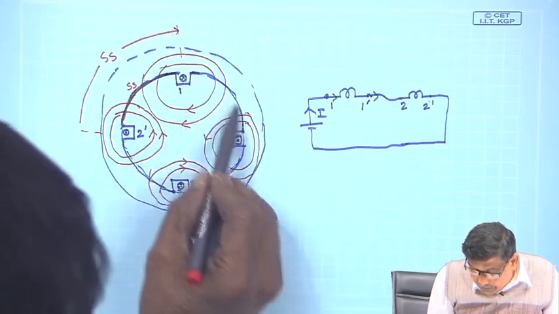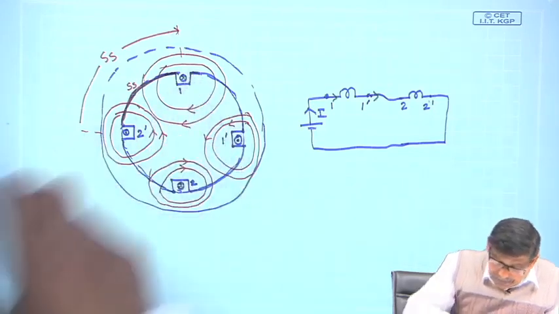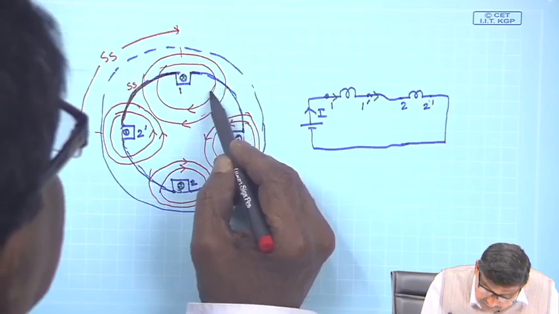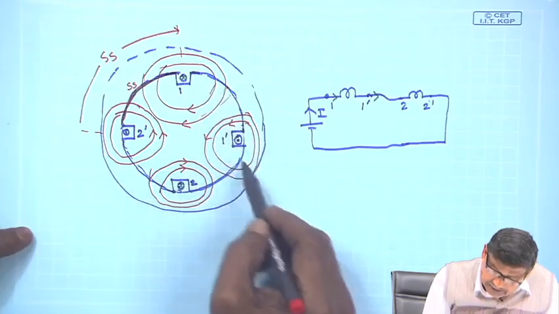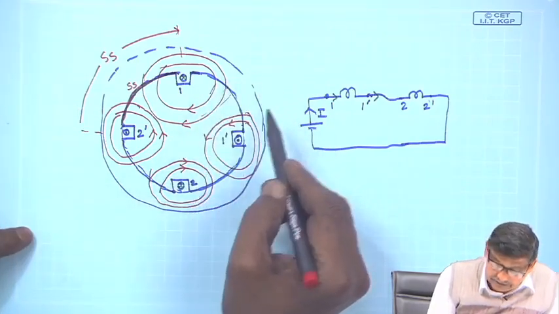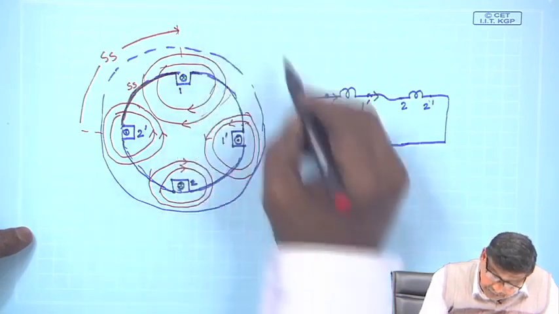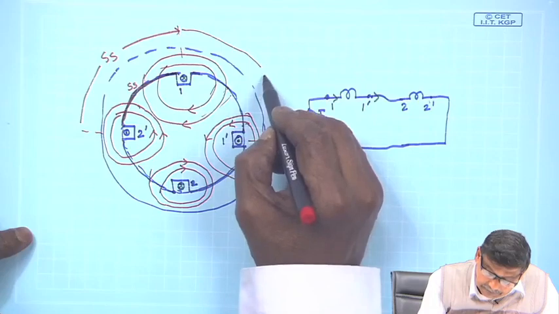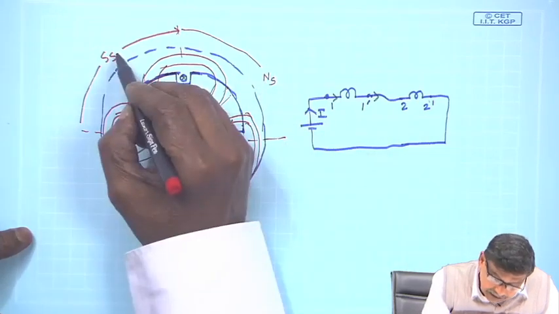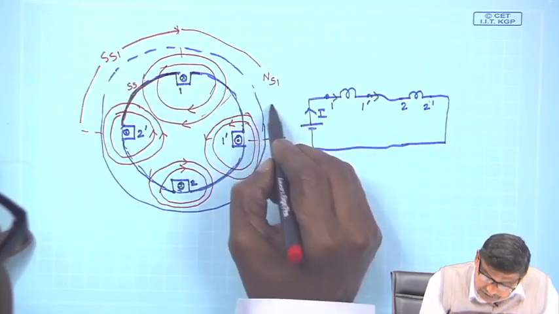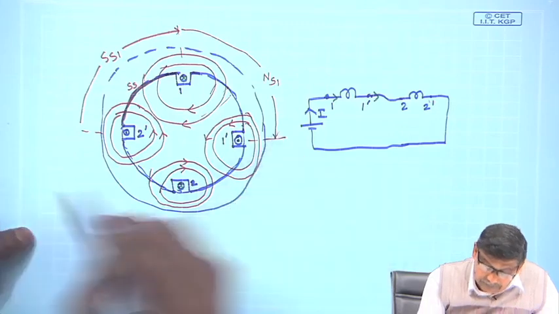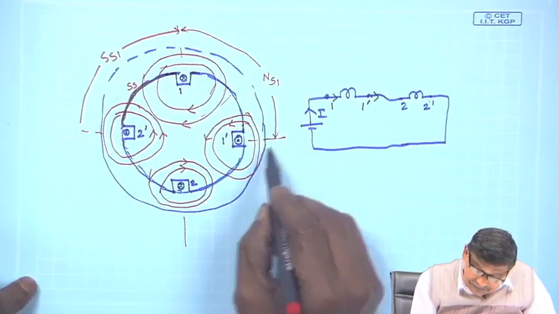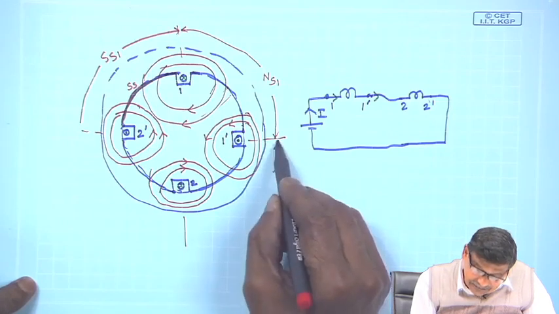Look at this quarter, lines of forces are coming out from this inner iron of the stator. Therefore, this must be a north pole created. Put it SS1, NS1. Similarly this one, this quarter here.